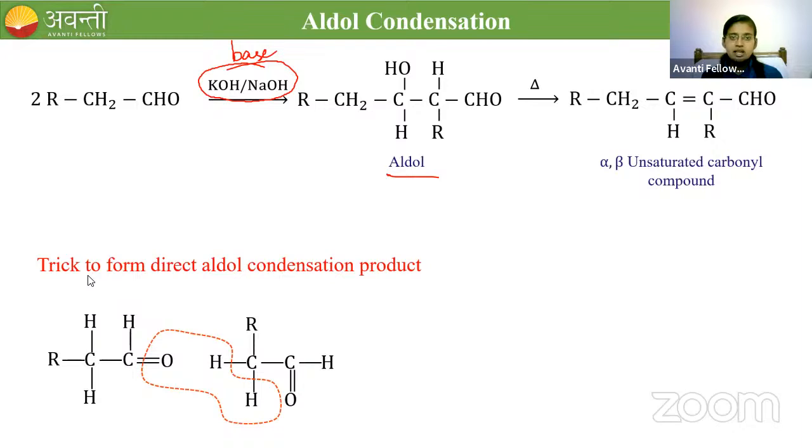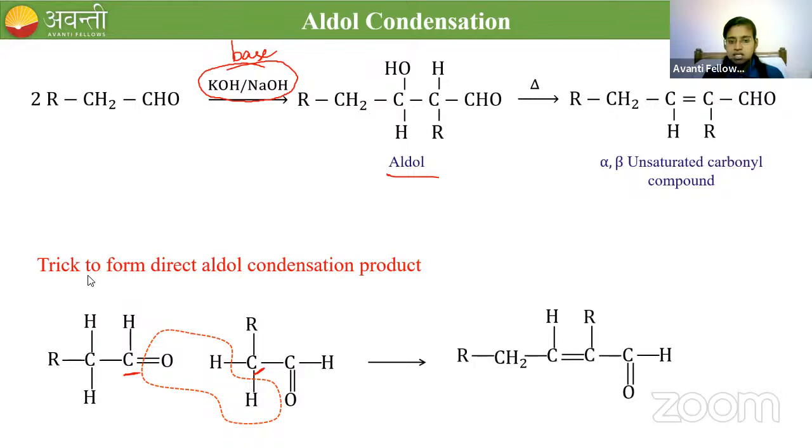So what we are doing is removing H2O, the water molecule. Oxygen from one molecule and the 2 alpha hydrogens from the other molecule. Just remove this H2O and connect the molecules. This particular carbon, the C double bond, will be connected to this one, and it will give us the final product.